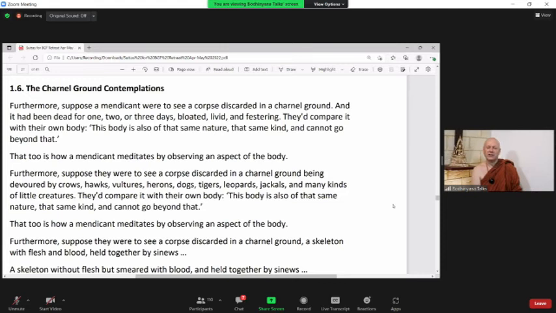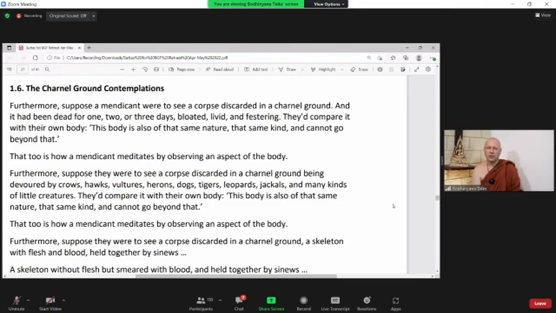So furthermore, suppose a mendicant were to see a corpse discarded in a charnel ground, and it had been dead for 1, 2, or 3 days, bloated, livid, and festering. They would compare it with their own body. This body of mine is also of the same nature. It is the same kind. It has not gone beyond that kind of state. That too is how a mendicant meditates by observing an aspect of the body.